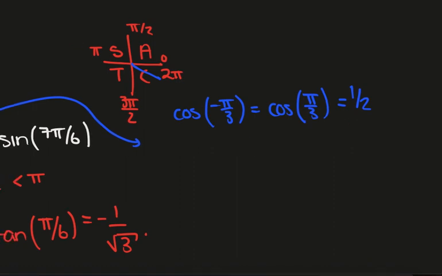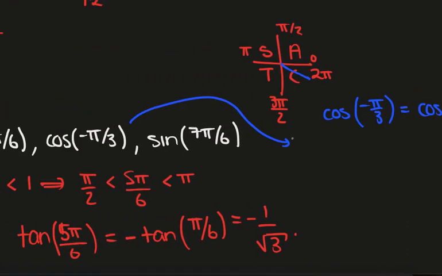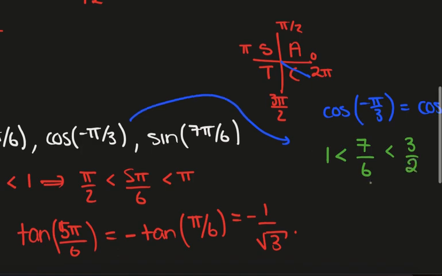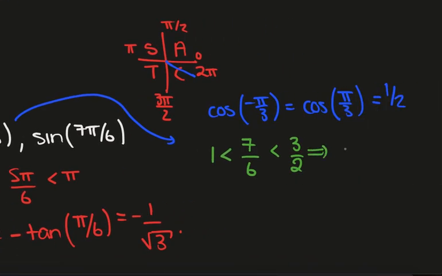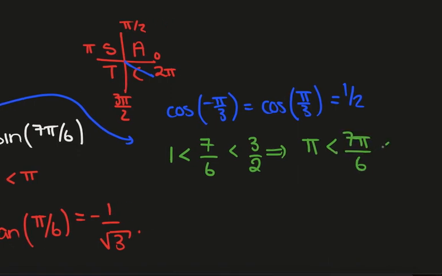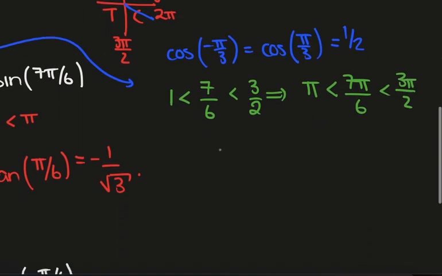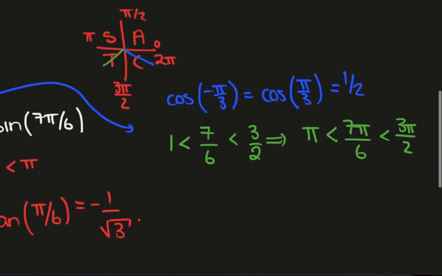Okay, for the last one, 7 pi on 6. So pi is less than 7 pi on 6, which is less than 3 pi on 2. And so we're in the third quadrant, so we're here.